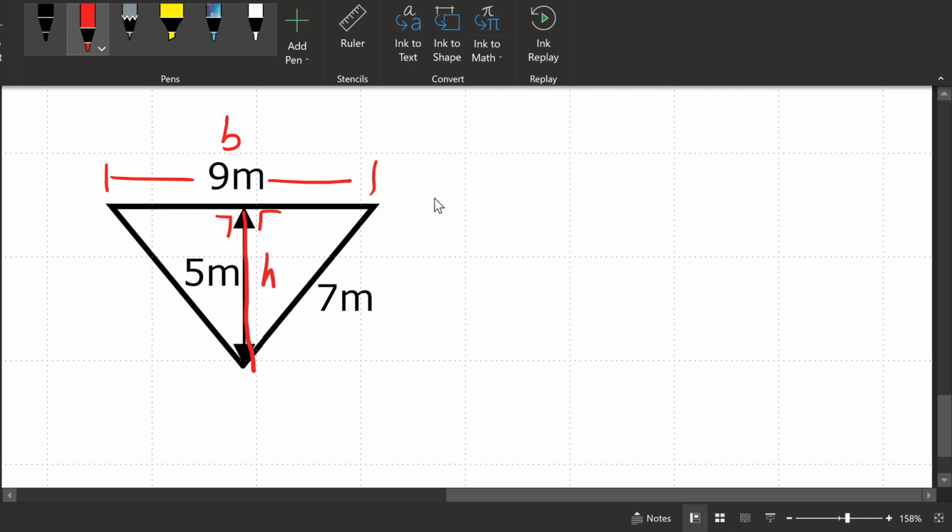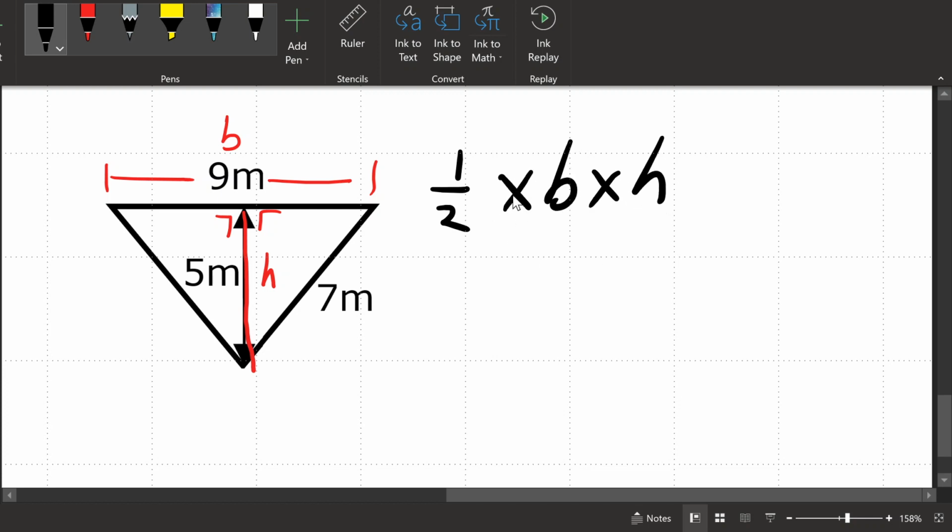So the area of this triangle is again 1/2 the base by the vertical height, or the vertical height by the base. I'll do vertical height by the base because I've done that pretty much all the other times. I changed it a little bit for the obtuse triangle, but that was just to get you used to moving those values around.